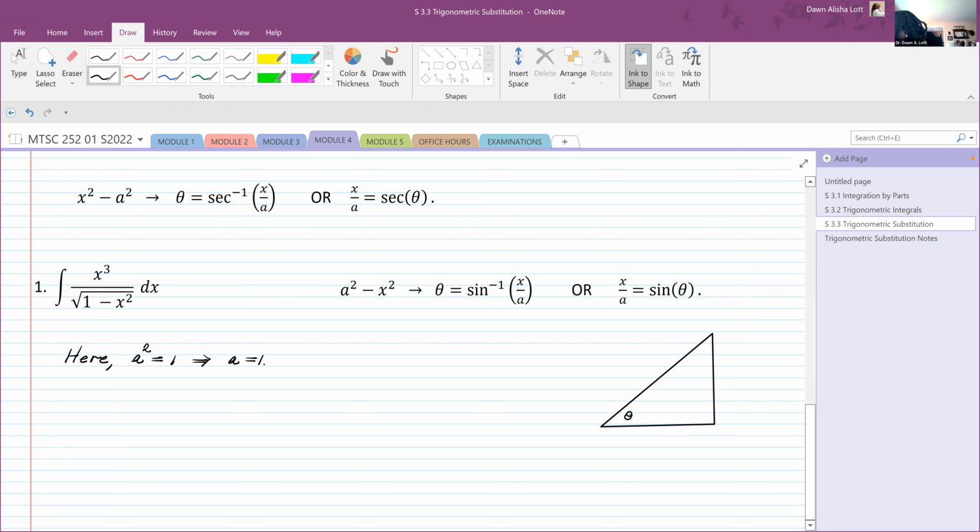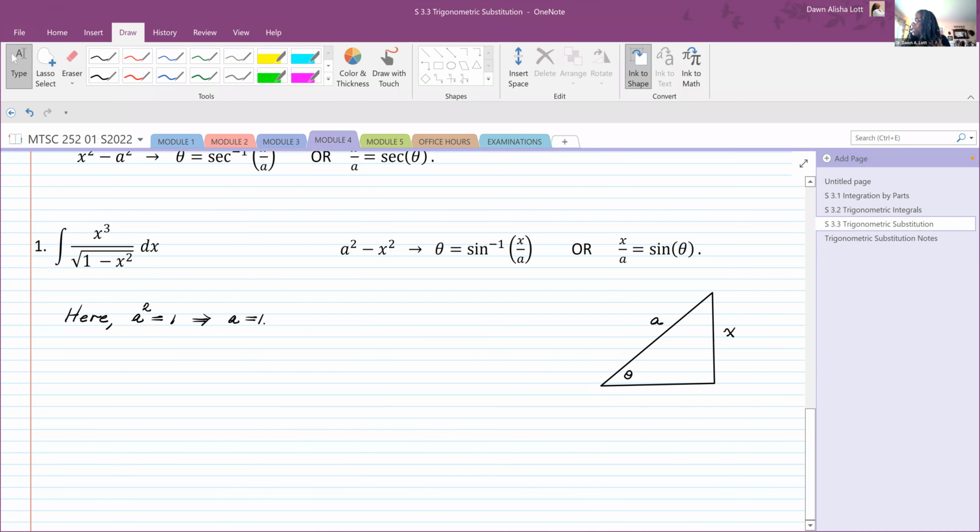We're going to stick theta inside here. So there's theta. And if x over a is the sine of theta, that means this is x and this is a. So x over a is the sine of theta. And so then that means that right up underneath here is the square root of a squared minus x squared. So that is the triangle that associates with this problem. All right, 3 different triangles, we'll do them all.